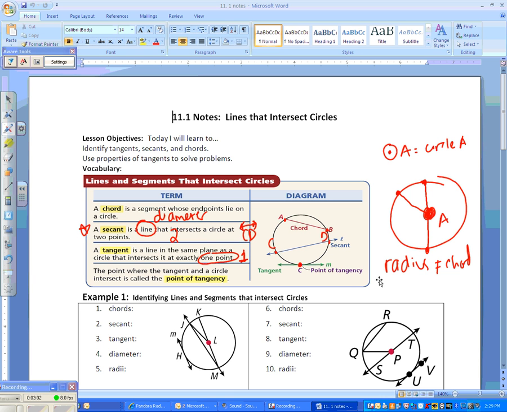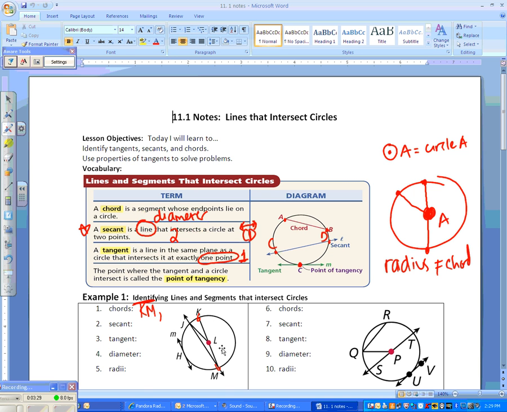The first thing you're going to be doing on your homework tonight is identifying the lines and the segments inside circles. So for example, number 1, name all the chords that you see. A chord is a part of a line that hits the circle in two places. If you notice, this line KM hits the circle twice, so I'm going to put KM, and it's important that you denote it as a line segment by just putting the line over it.